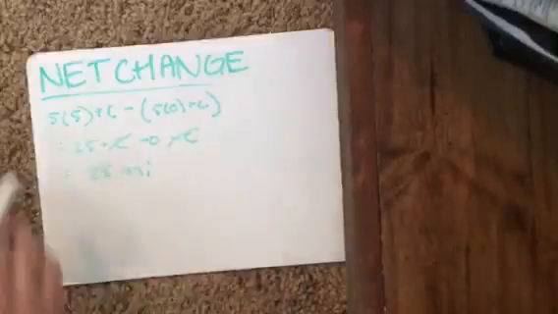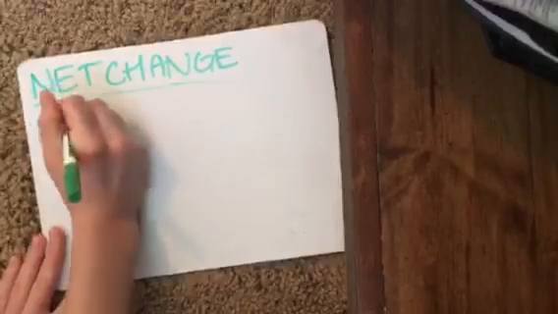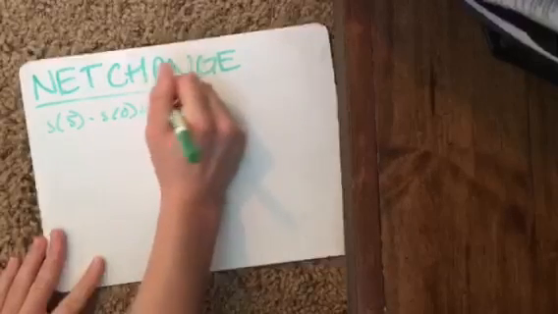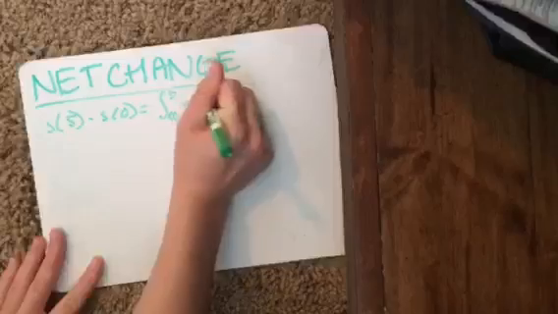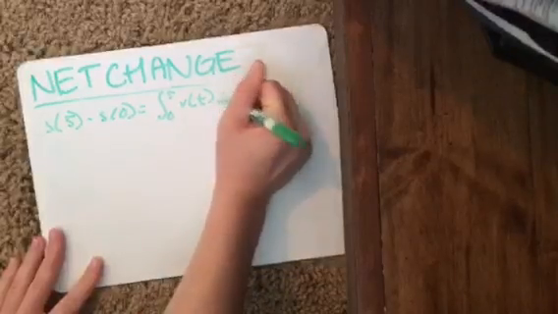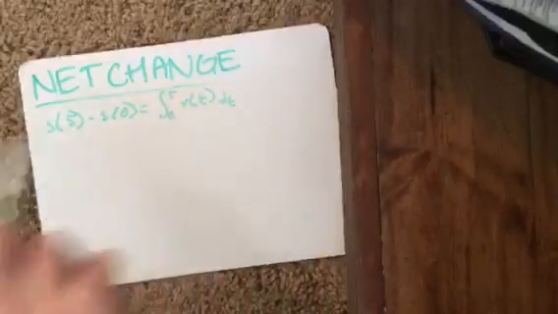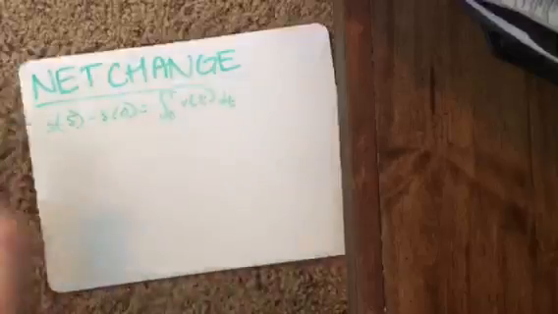Now if you can remember, the answer to the area underneath the curve was 25 miles. So s of 5 minus s of 0 is equal to the integral from 0 to 5 of velocity dt. Now this doesn't only work for velocity functions when it's in a straight line. This works for every single equation that you're going to get for a function.